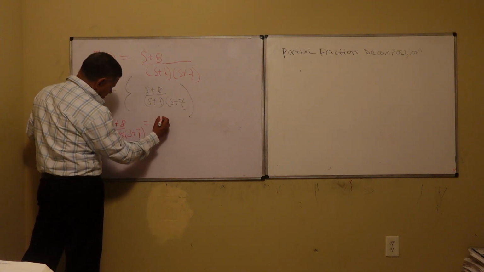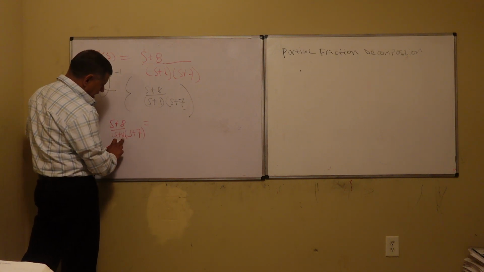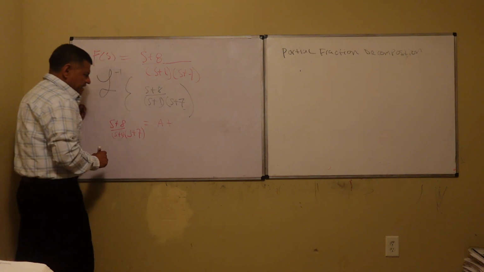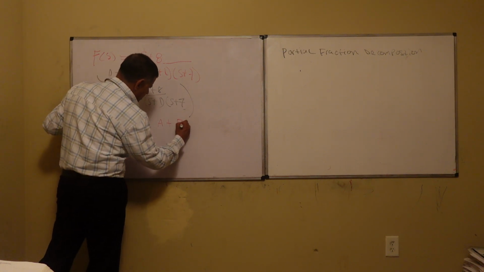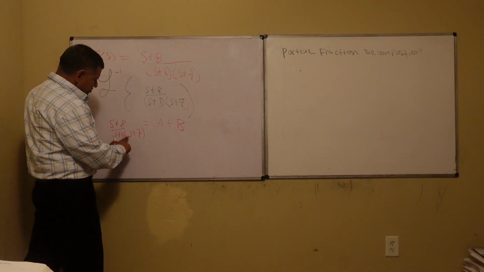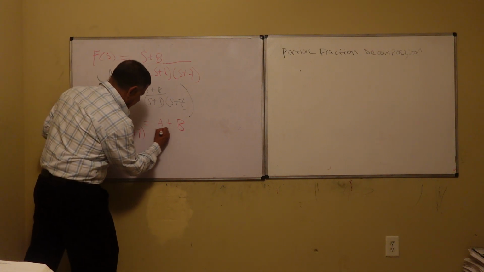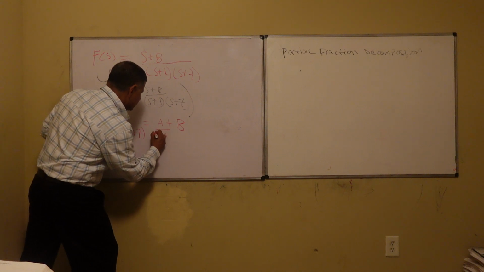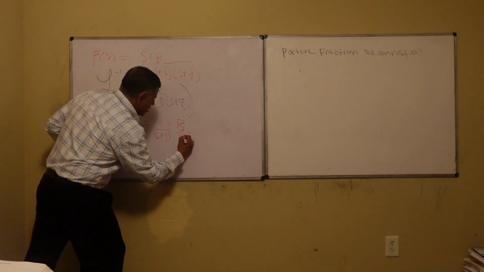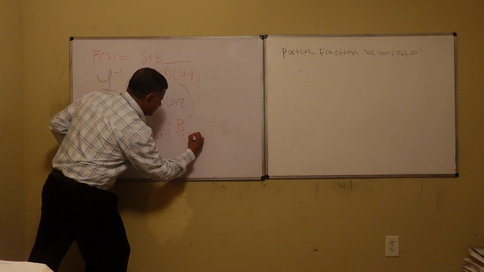So it's going to be equal to A plus B, and then this is going to be like this. So it's going to be S plus 1, and then S plus 7, right?